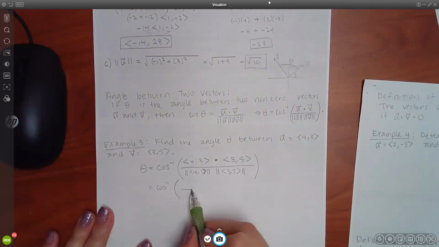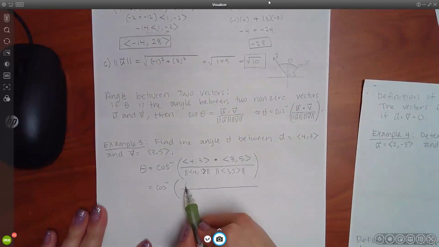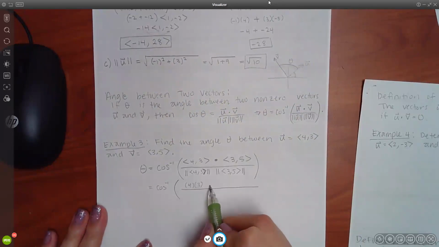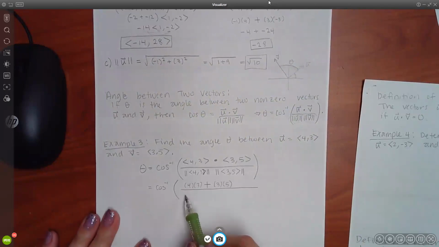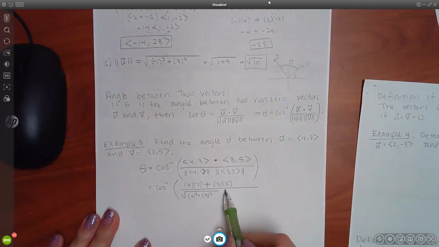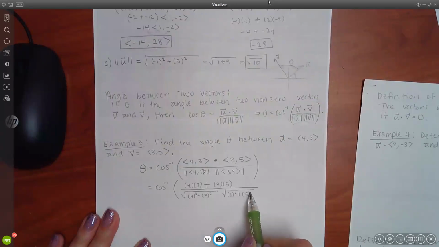And so for the dot product, let's see, we're gonna do 4 times 3 plus 3 times 5. For the bottom, I have to do the square root of 4 squared plus 3 squared, and then the square root of 3 squared plus 5 squared.